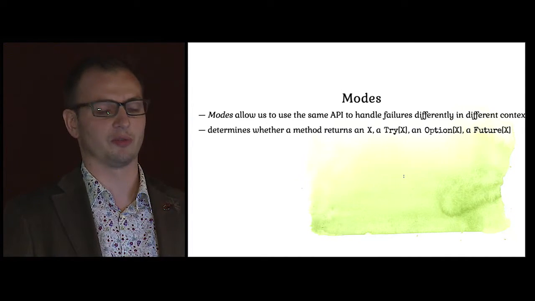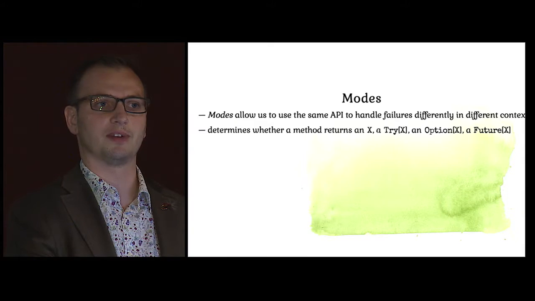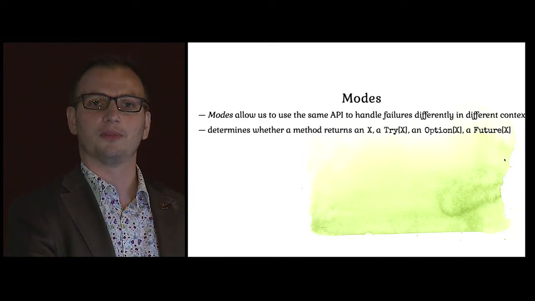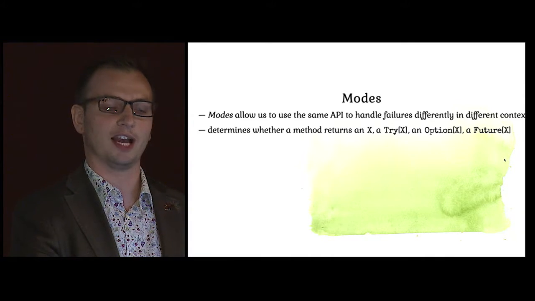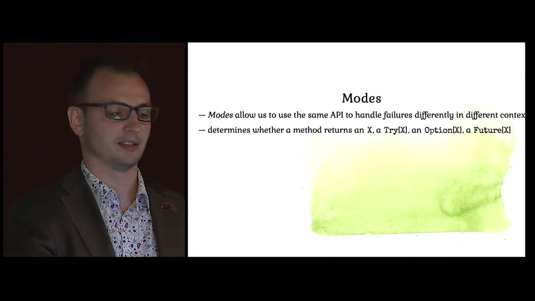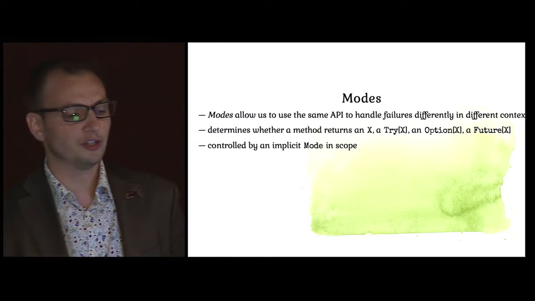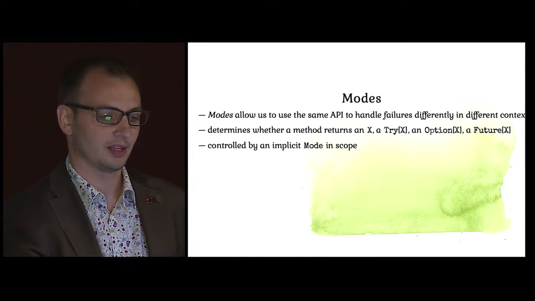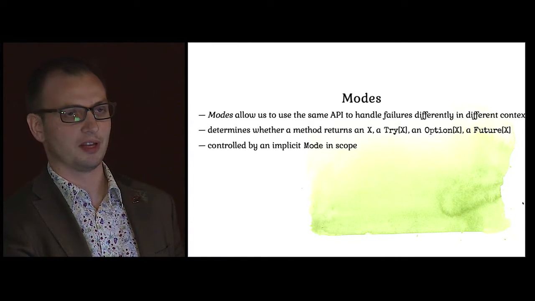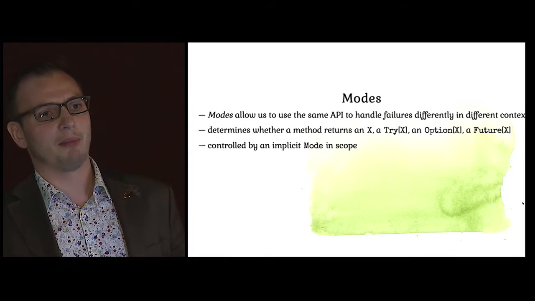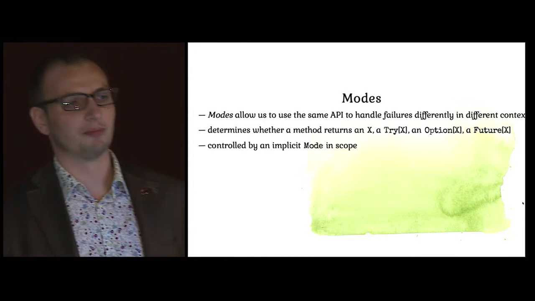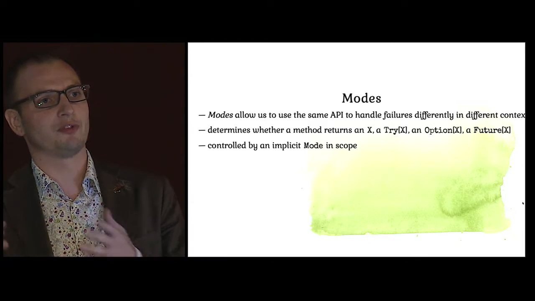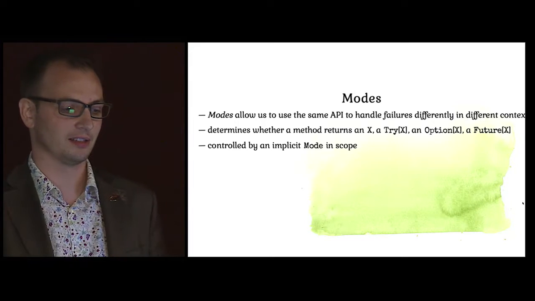We can determine whether we get the raw typed value out, whether we wrap it in try, whether we wrap it in option or future, or it's extensible. So we have multiple possibilities that we can add ourselves. And the way we control it is by either declaring or importing a mode type. We import that into scope, and within that scope, it'll seem like magic. It's not magic. It's not even macros, but it will determine how a method returns a success and a failure typed value.